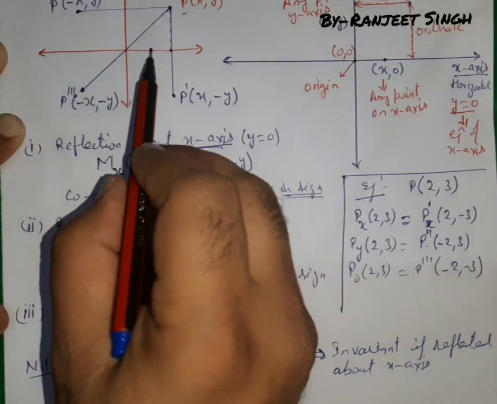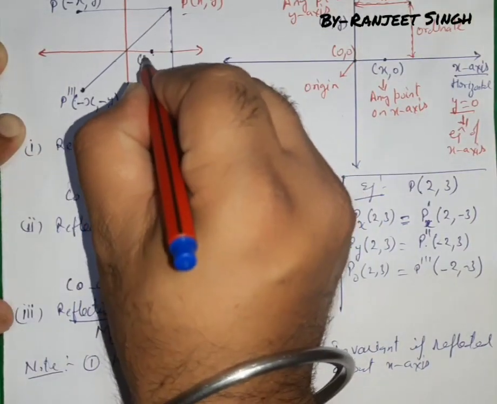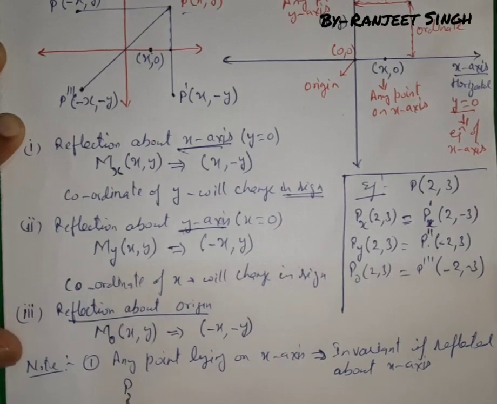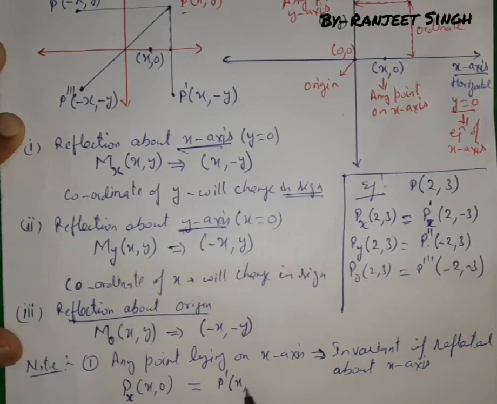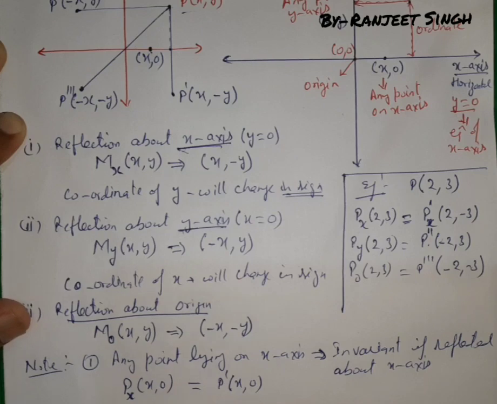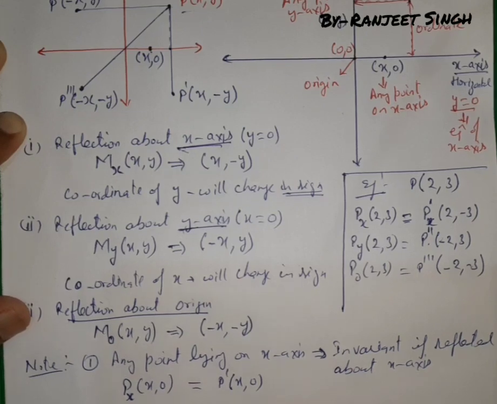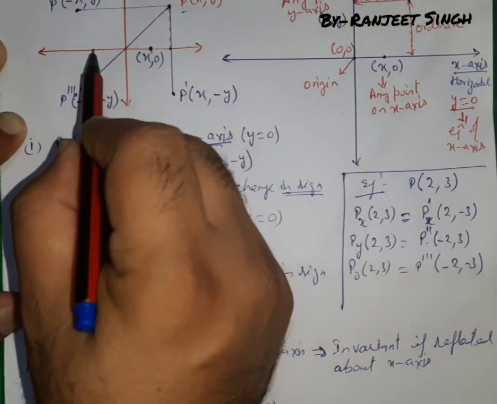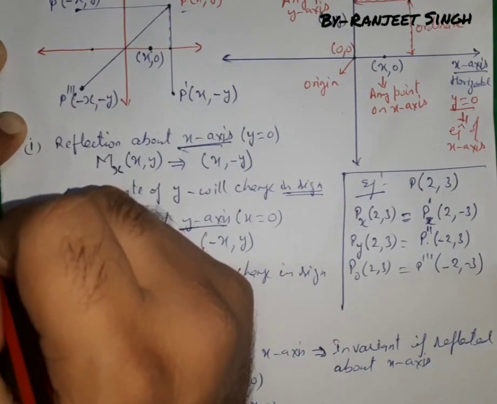But if it is reflected about y-axis, so suppose that this point is (x, 0), so this will remain simply (x, 0). So I'm saying that P of x (x, 0) will be equal to P dash, and it will be the same (x, 0), so coordinates will not change. But if I'm reflecting this through y-axis, then this will be equal to P double dash, and this will become (minus x, 0), so this point will shift from here to here and its sign will change.